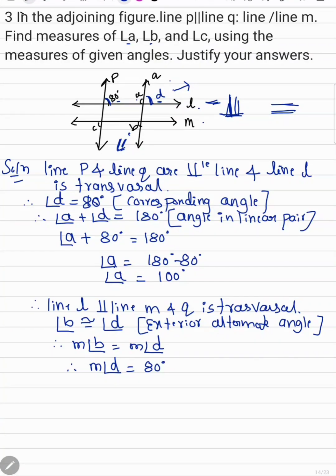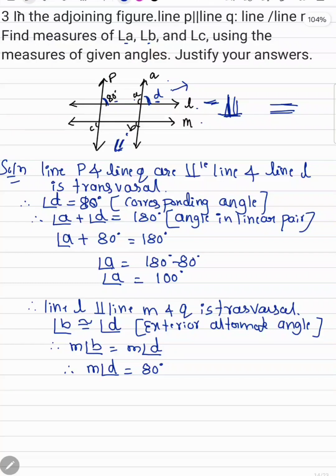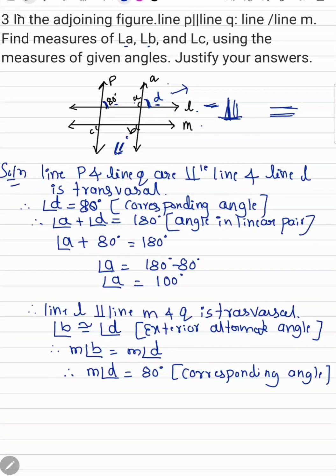How? Before, we found 80 degrees. Why? It is a straight line, and the corresponding angle is there. Corresponding angle means equal angle, both in the same place. So angle D is also the same, 80 degrees. Therefore angle B is also 80 degrees.